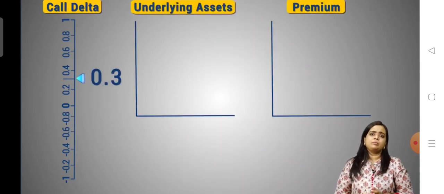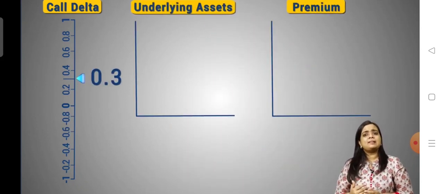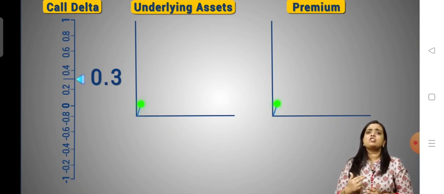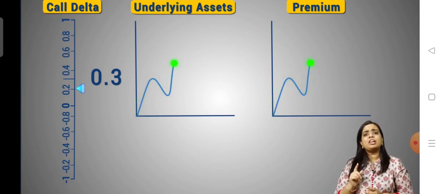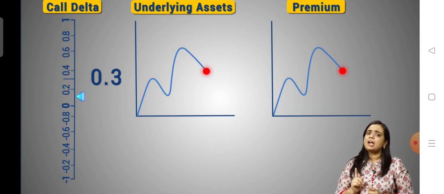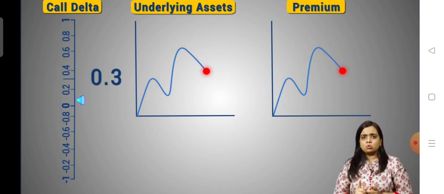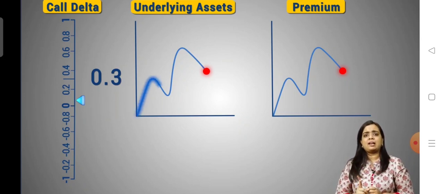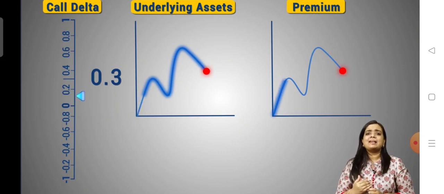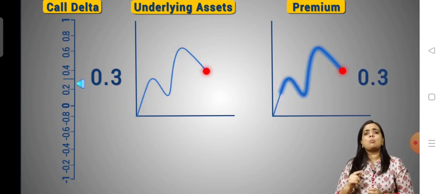What does this mean? We know that delta measures the rate of change of premium for every unit change in the underlying. So a delta of 0.3 indicates that for every 1 point change in the underlying, the premium is likely to be changing by 0.3 units.